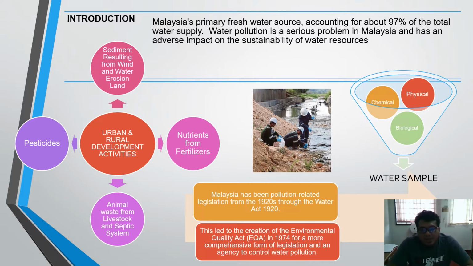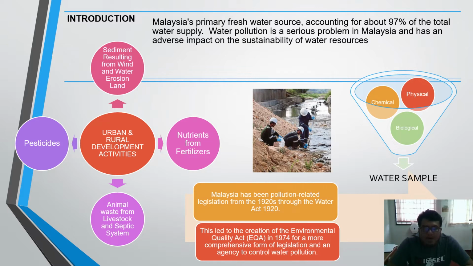We can see there are many farms in Malaysia, such as chicken farms and pig farms, that are near rivers, which sometimes do not follow the regulation. They just release and channel their waste directly to the river, which causes river pollution.